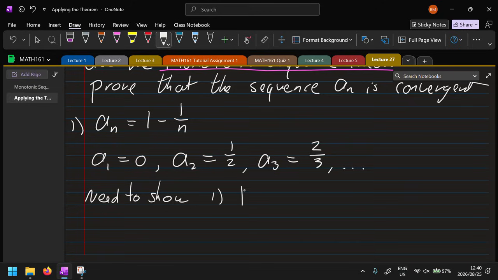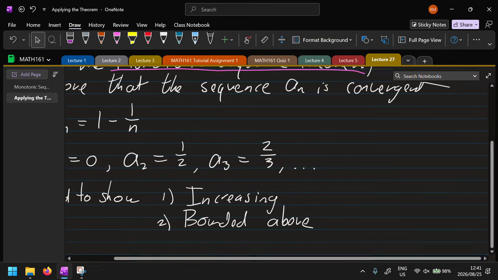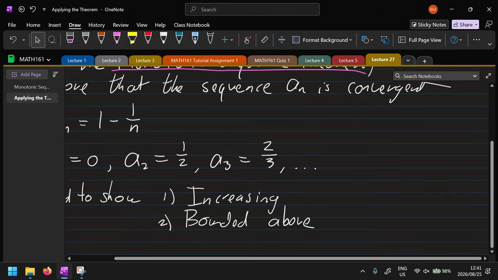Number 1, we need to show that it is increasing. And number 2, since it's increasing, we need to show it's bounded above. It's no use showing it's bounded below because we know it's increasing. Let's write down what these 2 mean so we know what we're aiming for.